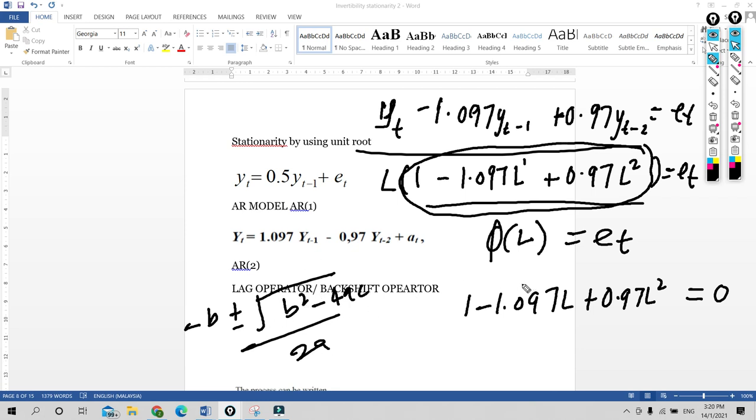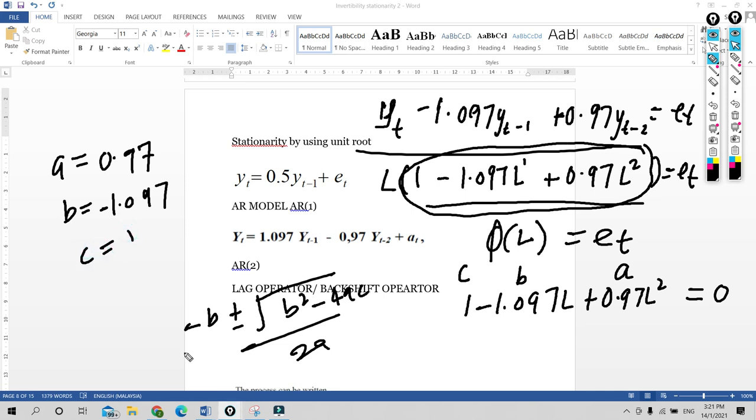This is considered as A, this as B, and this as C. So we know that our A is equal to 0.97, B is equal to negative 1.097, and C is equal to 1. To find L, you can apply this formula.